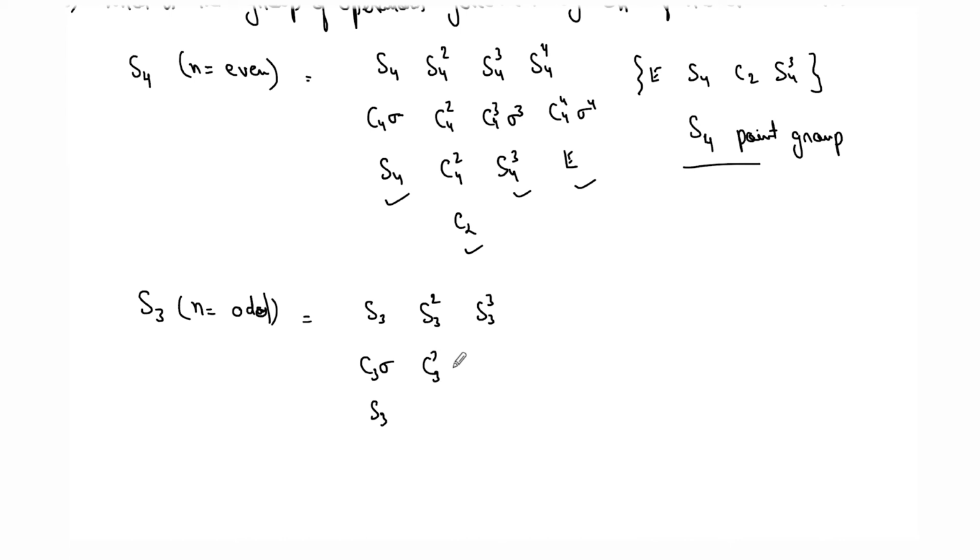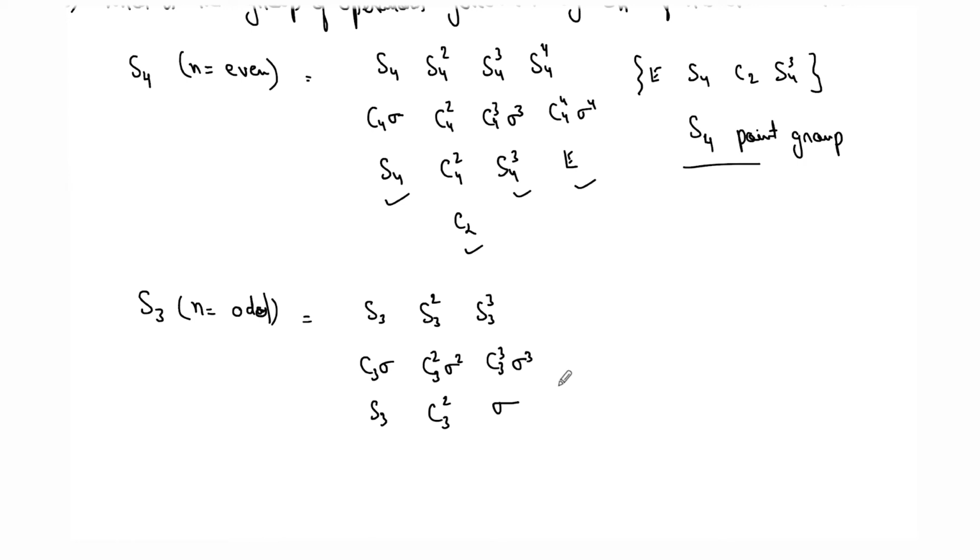S3 square will be C3 square sigma square. Sigma square is E, so you can write it as C3 square. S3 cube will be C3 cube and sigma cube. C3 cube is E and sigma square is E. So you're left with one sigma. So you have one sigma over here.